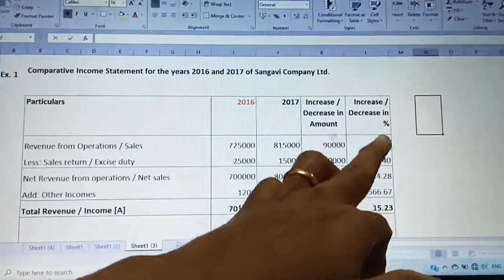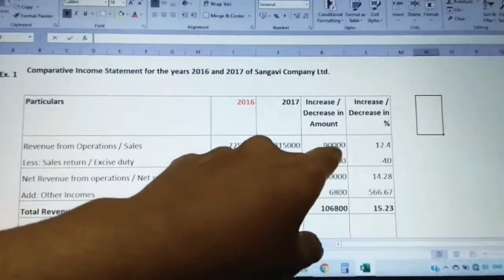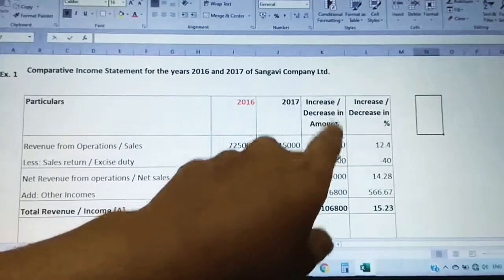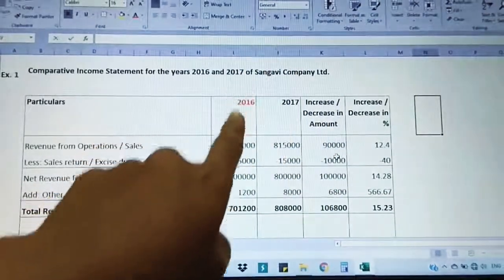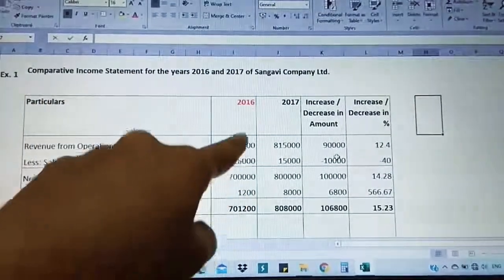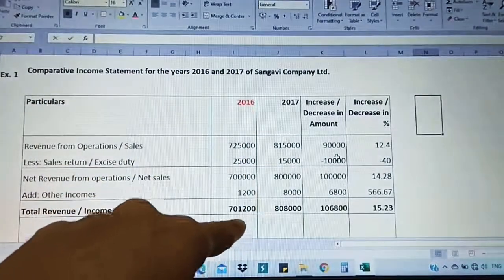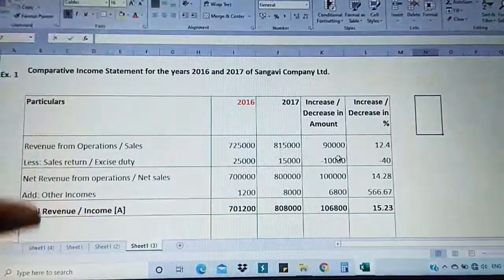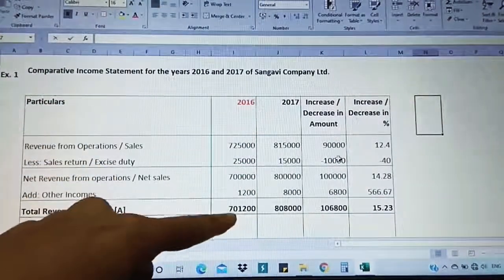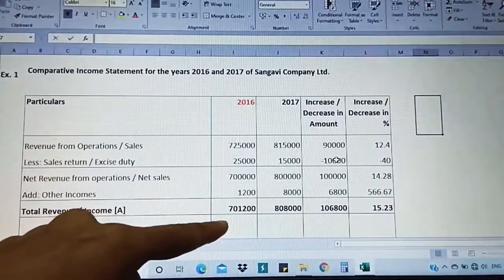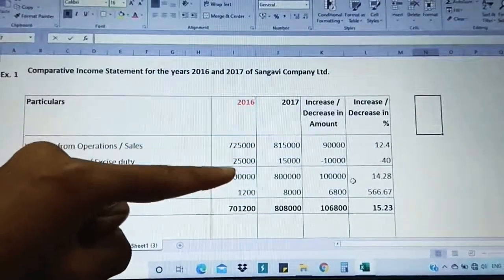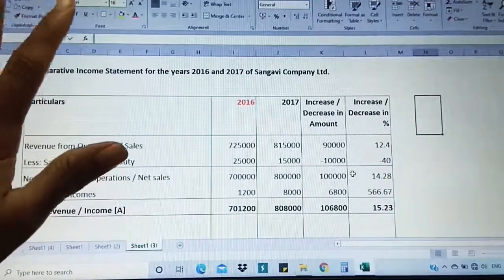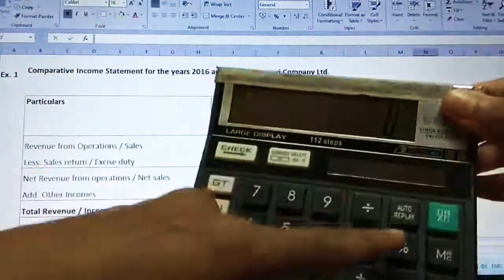Increase or decrease in percentage is nothing but the difference in amount. This value will be divided by the base year, the first year. Each and everything will have the base treated for division. It is the divider, the denominator. And go for the percentage symbol option if you are using the calculator. Never ever use anything else.